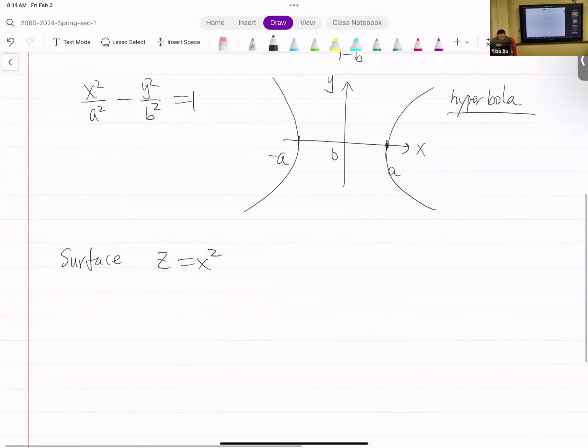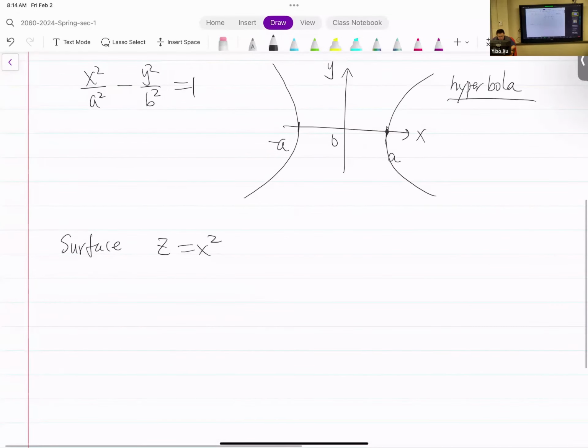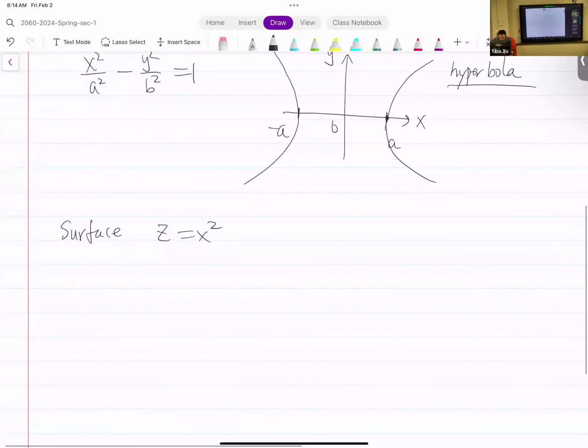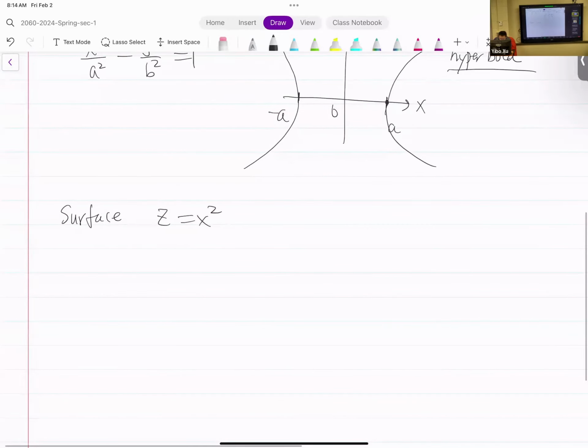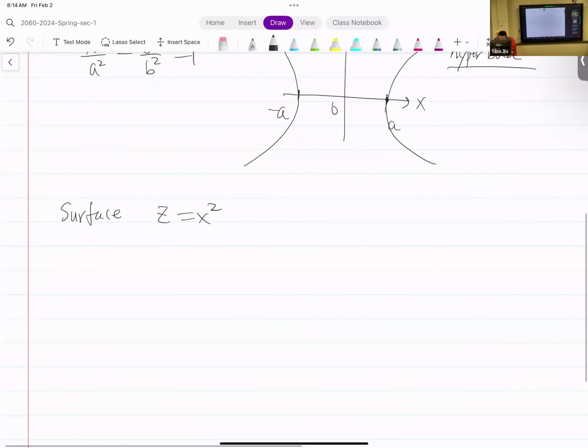How do we sketch it? Let's think about the easy case where we have, let's say, y equal to 0. If you look at this relationship, you only have the relationship between x and z, right?